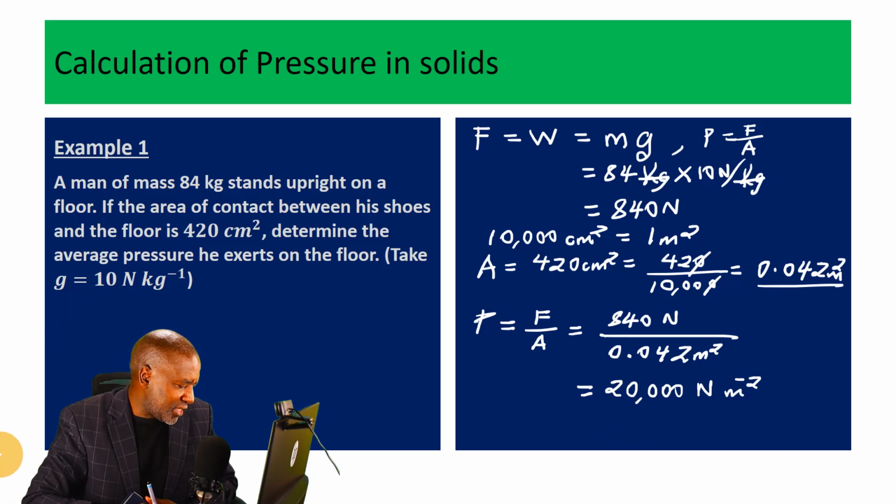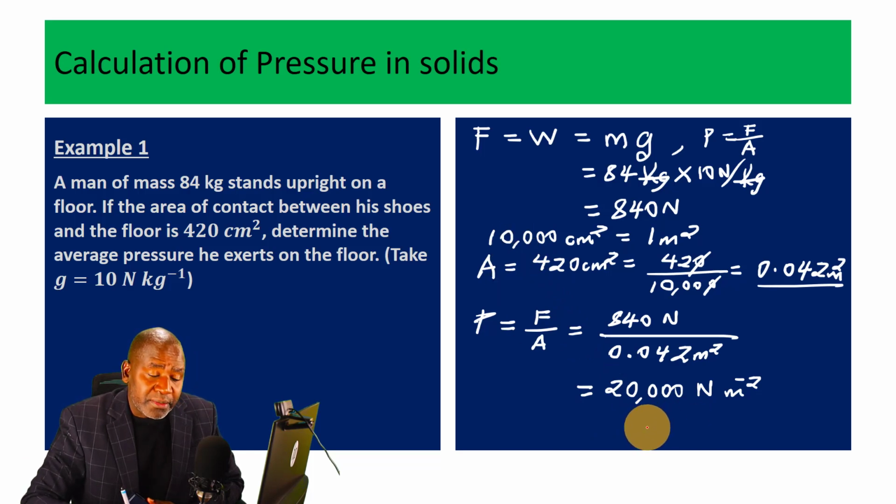Something else that I want to mention here, I'm going to write it in a different color so that you can see that it's wrong to do that. What is it that I want to write down? Sometimes students write down something like this: newtons slash meters, then something like this.